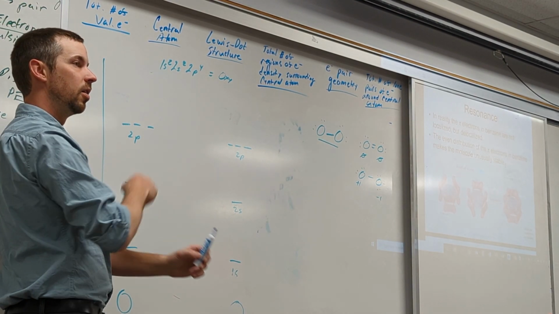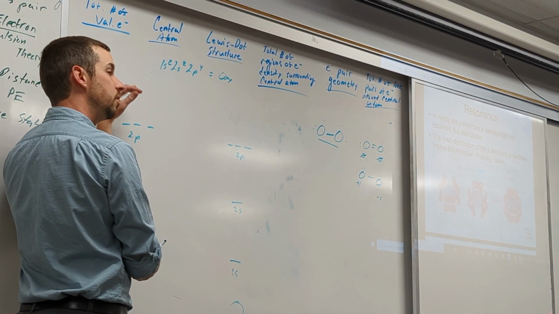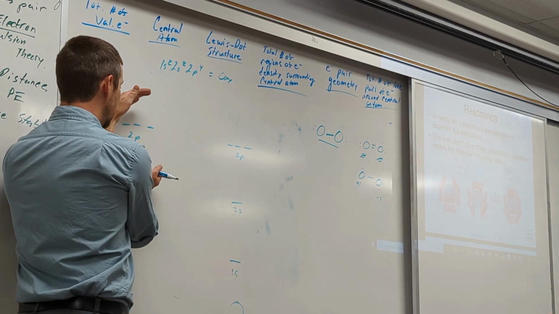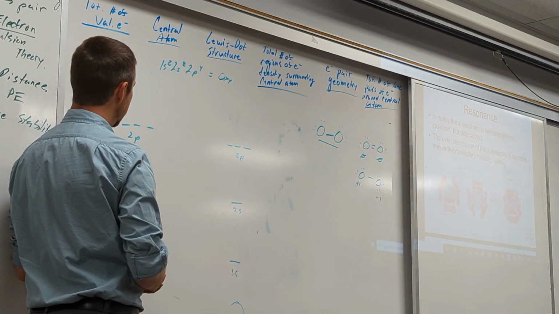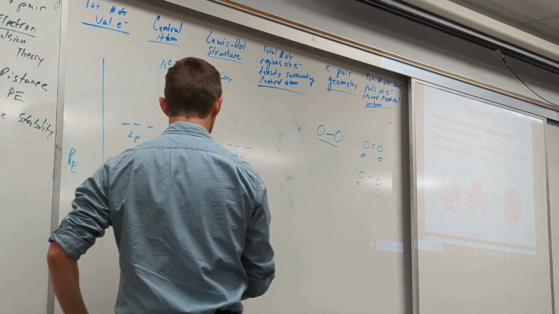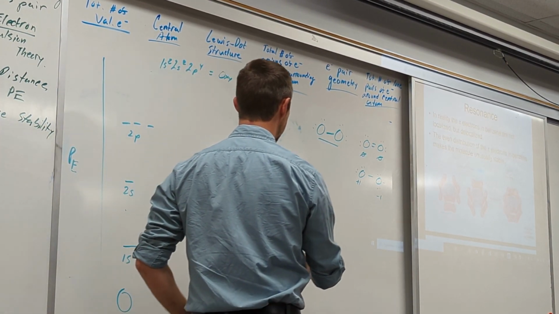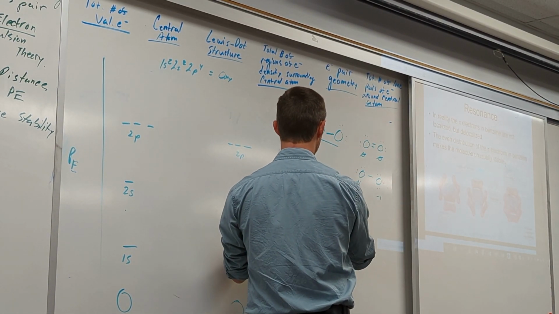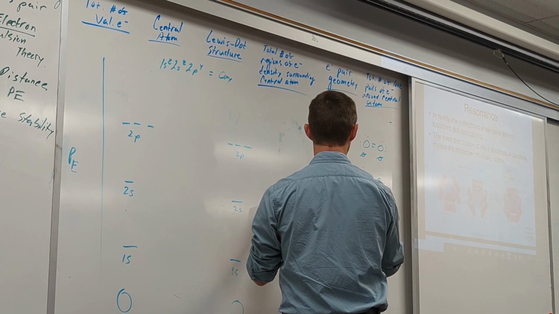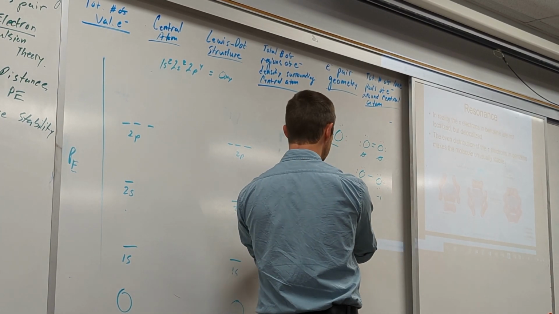Remember, not our point today, but the further away you go from the nucleus, the closer and closer these energy levels get. Okay, if I have the internuclear axis, I'll call it Z, and I put an oxygen atom here and an oxygen atom here, can they bind along this axis?